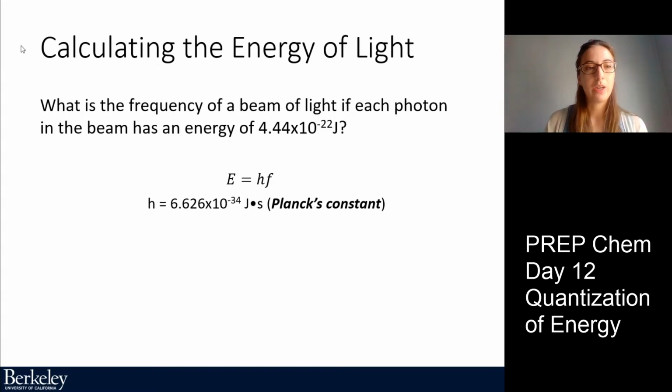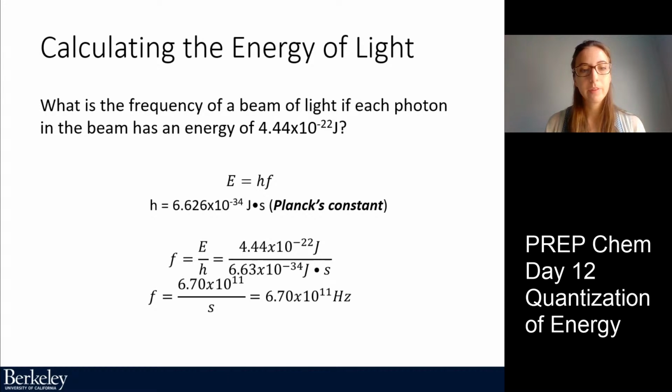Okay, great. No one said they need more time, so we're going to go ahead and go over this example. But again, please still feel free to ask questions. We can rearrange this equation for energy to solve for the frequency. In this case, frequency would equal the energy of the photon divided by Planck's constant.